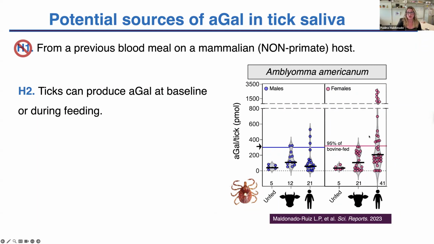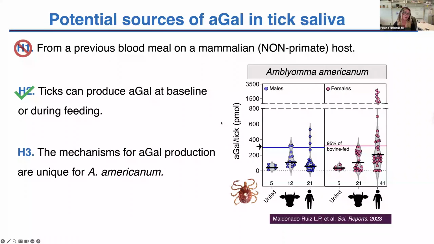And we see here males and females also produce. Now, the other interesting thing is that ticks that have been feeding on bovine blood for 5 days, so partially fed ticks, some of them were 0 in alpha-gal levels, while some of them were higher. Now, this might have explained the reason why our mouse model didn't work.